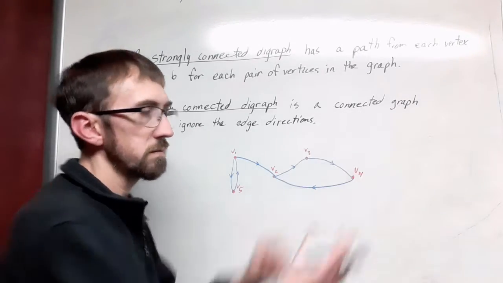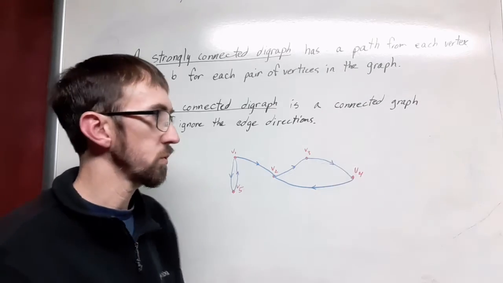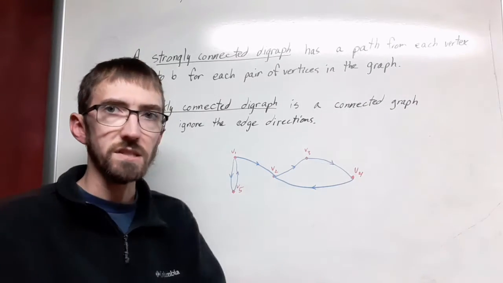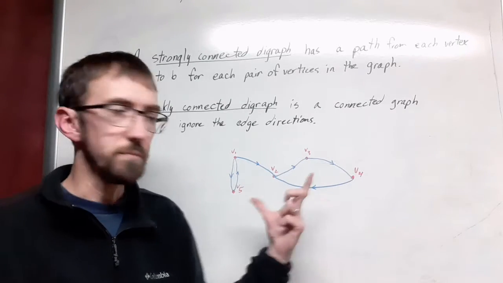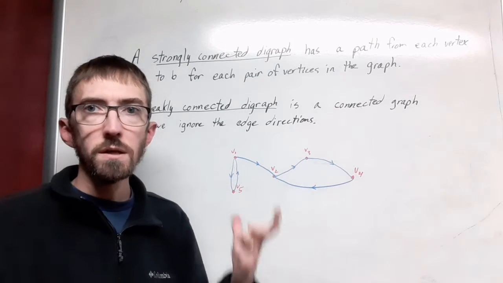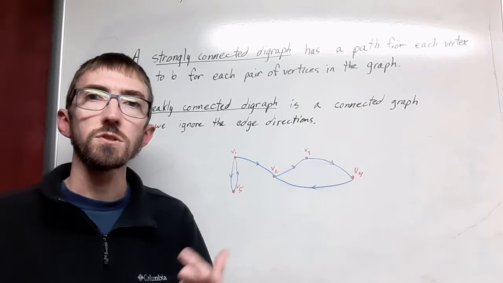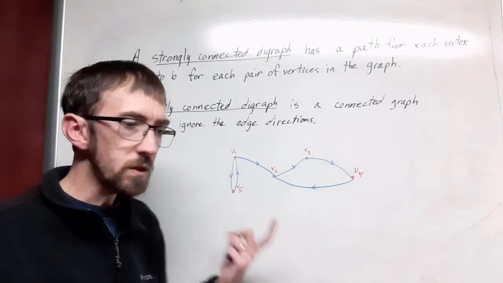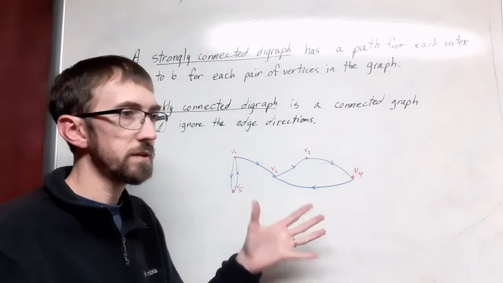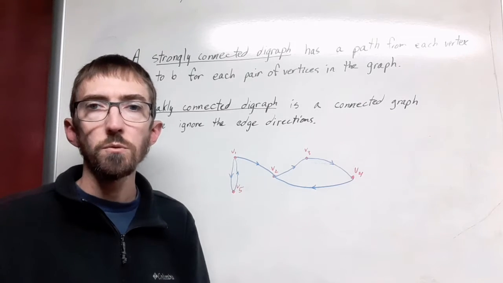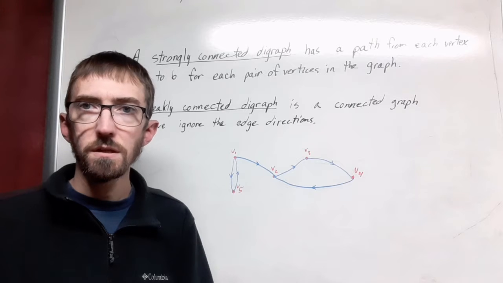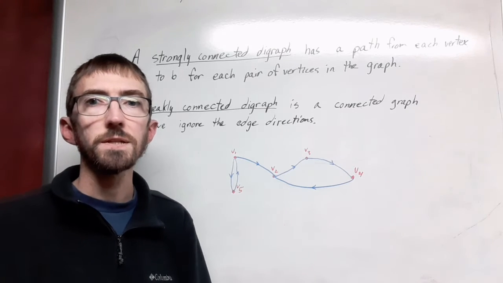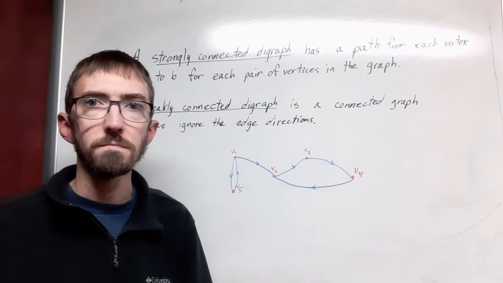I don't have a vertex or a pair of vertices connected by an edge that's over to the side but not connected in some way to the main body of the graph. And so it is weakly connected, but it is not strongly connected. Again, we can go back through and modify this and create what we need to be strongly connected, but as it stands right now, it is not strongly connected, but it is weakly connected.